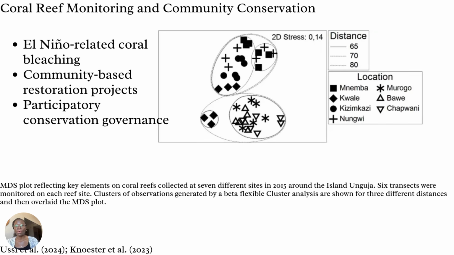Another reading, Cnosta 2023, examines community-led coral reef restoration projects in southern Kenya. Local communities work with conservation groups to restore reefs using man-made structures. This example shows a bigger shift in conservation, moving from top-down management to more participatory, community-based governance.